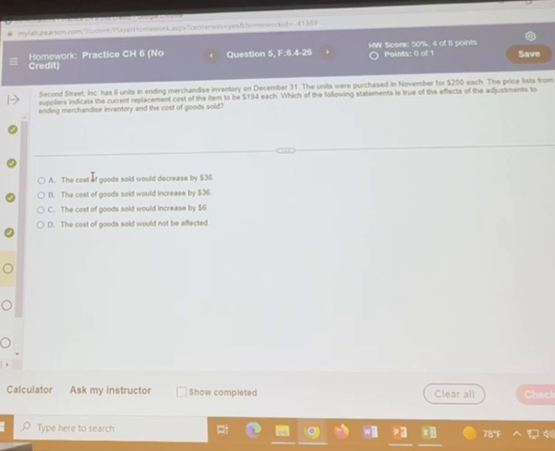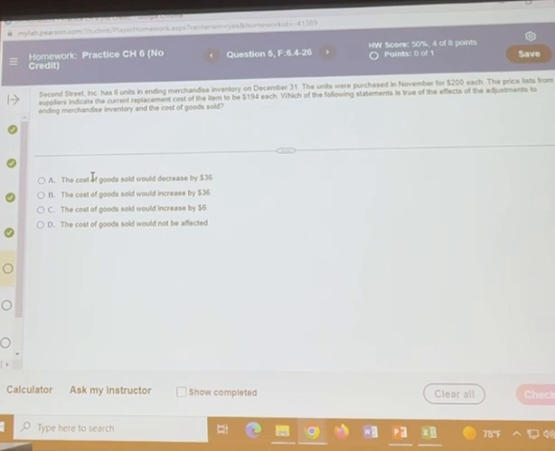They have 6 of these units, and the cost per unit has gone down by $6 each since they purchased them. So 6 times 6, in total their cost would go down by $36.